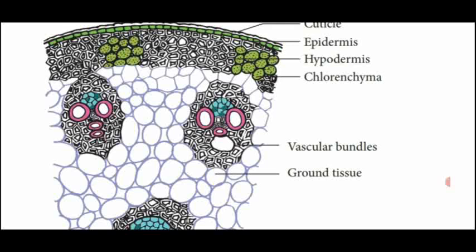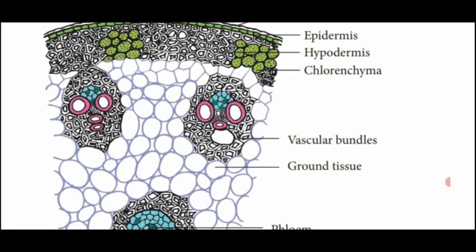The second one looks like a V, and the first one looks like a Y shape. So the shape of the vascular bundle is V or Y shaped. Then these vascular tissues such as xylem and phloem are surrounded by a few layers of sclerenchymatous patches. The black colored part is said to be the bundle sheath.